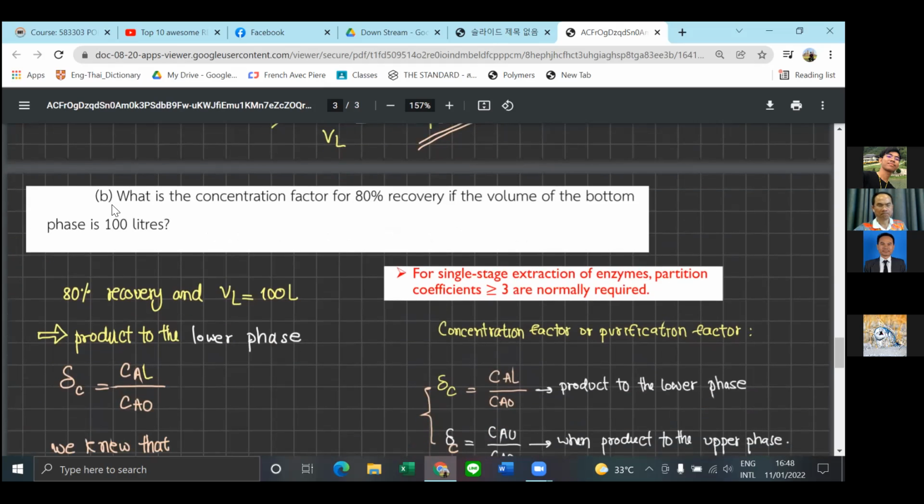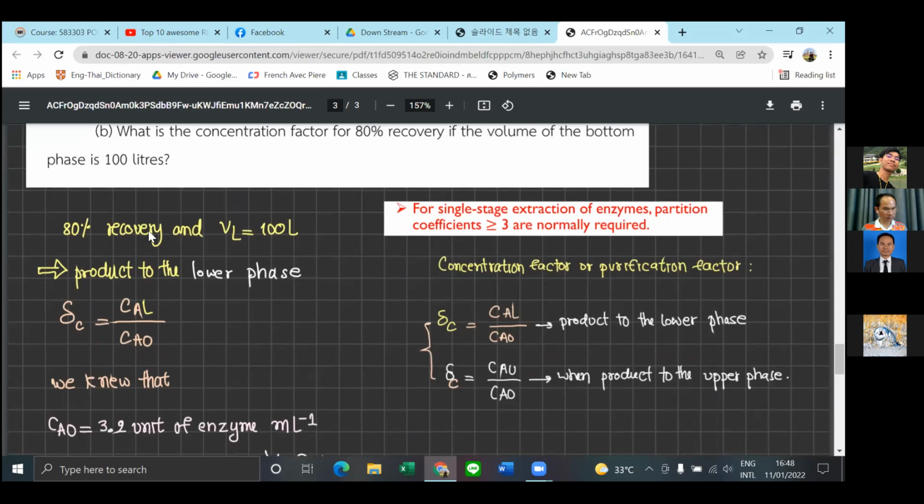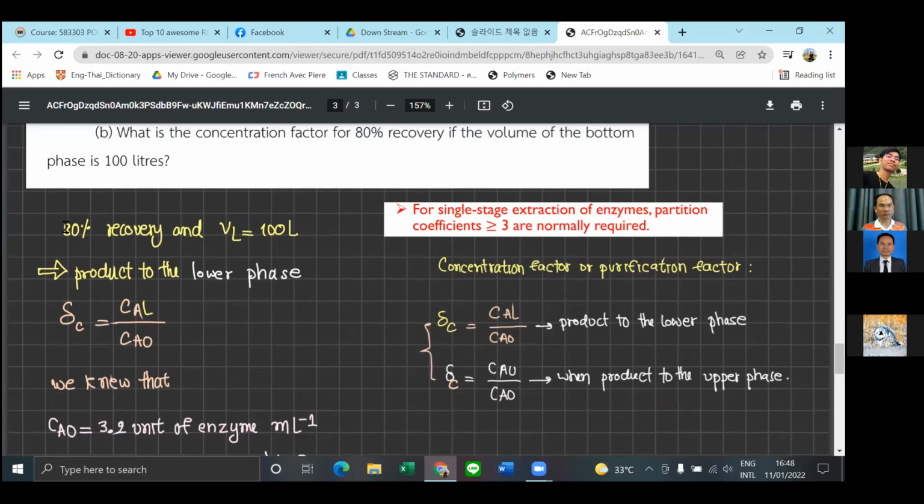Now about the question, they want to know the concentration factor when the recovery is 80% and the volume of the bottom phase is 100 liters. So we know that we recover 80% and VL, the volume of the lower phase, is 100 liters.